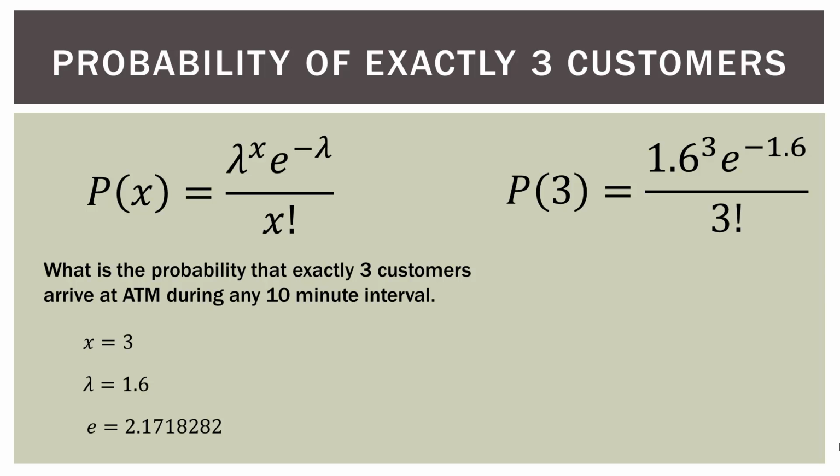So 3 is our number of customers, which is x factorial. Now we go ahead and evaluate that in the calculator, and we come up with 0.139. So the probability of exactly 3 customers walking up to the ATM during any 10-minute interval is 0.139, or about 14%.